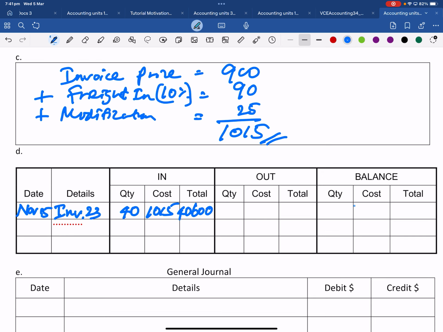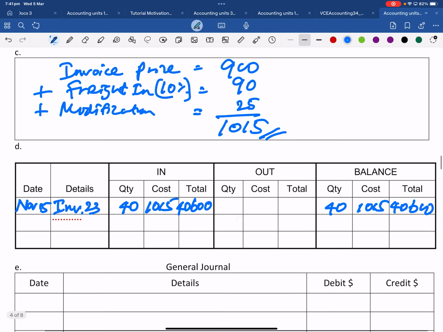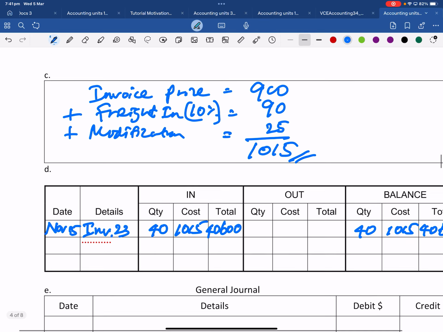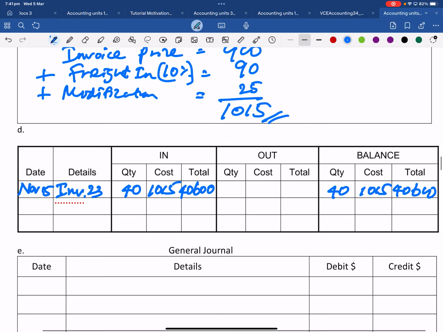Yep. Then there is no other balance, I think. So we'll write 40, 1015, 40,600. Good. Right. Everyone is okay? Yep.